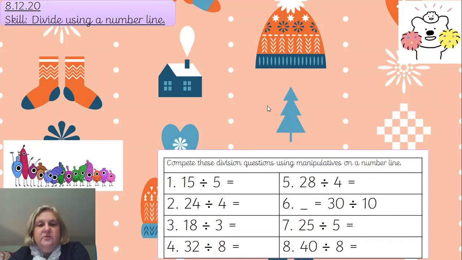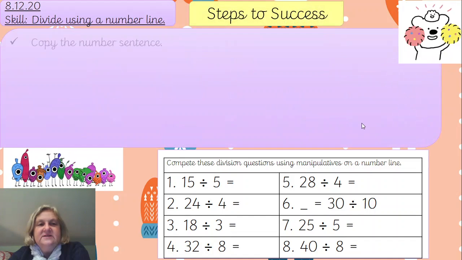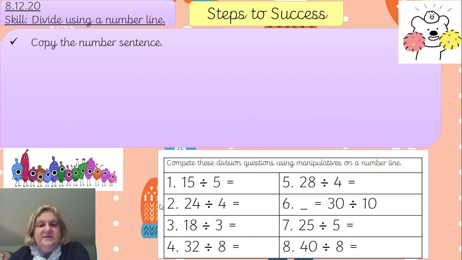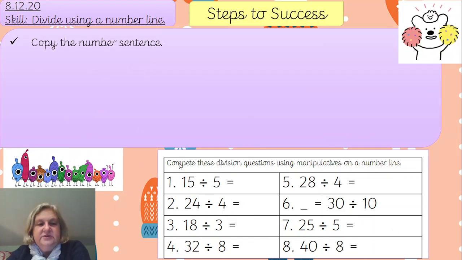So here we go, we've got our steps to success today. You're going to copy the number sentences. Here are the number sentences at the bottom.